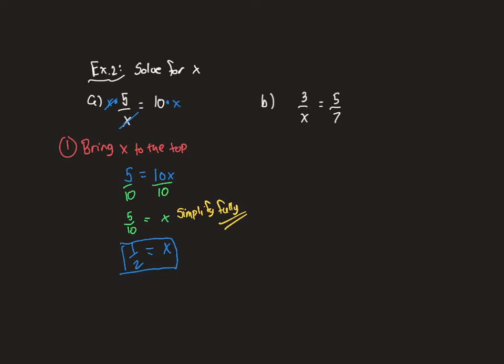Alright, that brings us to our second part of this example, where now you still have the x on the bottom, but you have 2 fractions, and these 2 fractions are equaling each other. In this case, there's something you can do called cross multiplication.